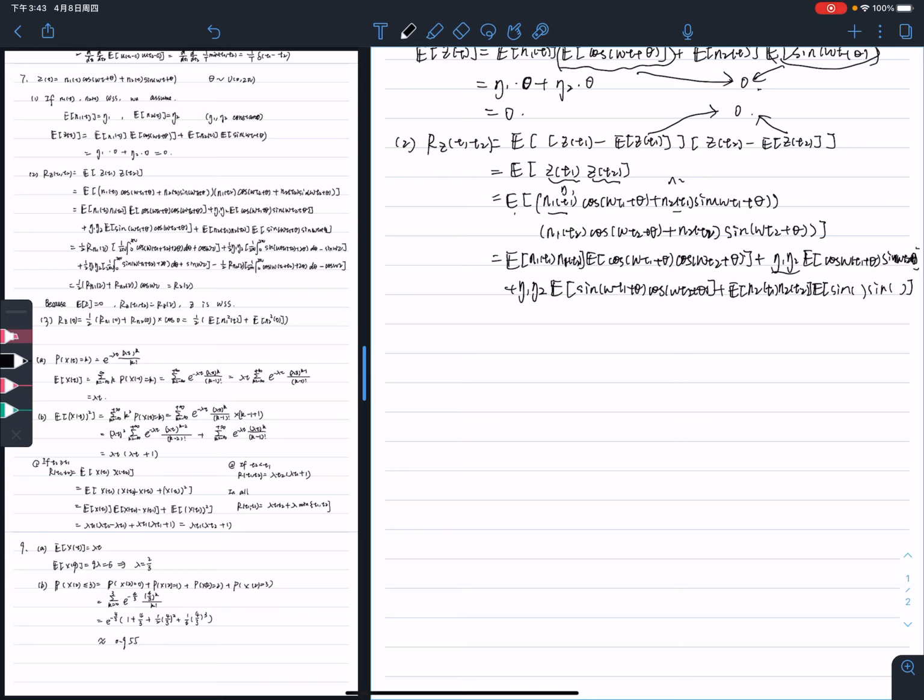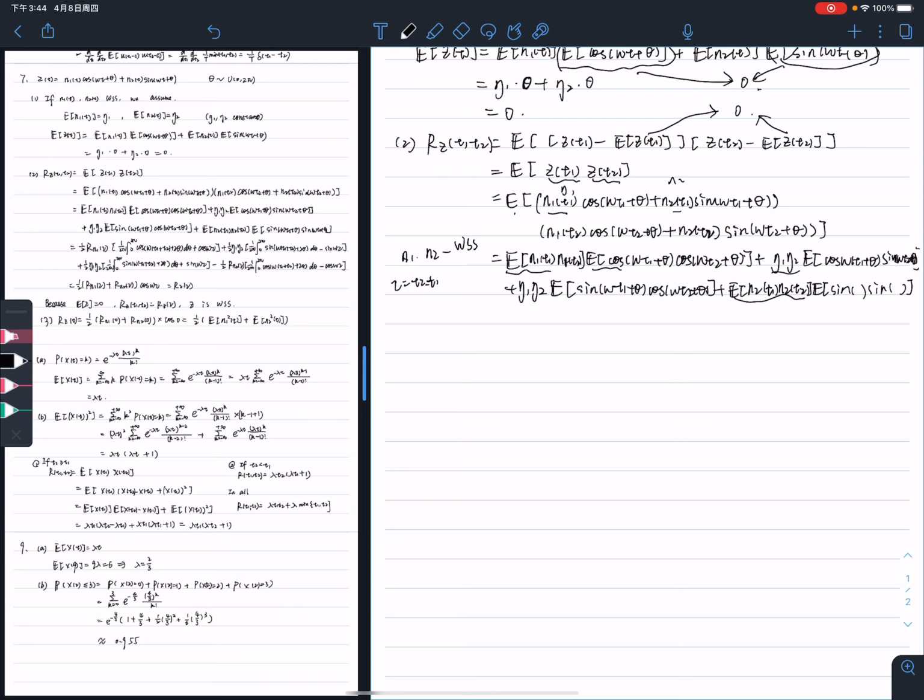Because N1 and N2 are WSS, these parts can be written as functions of τ, where τ is equal to t2 minus t1.